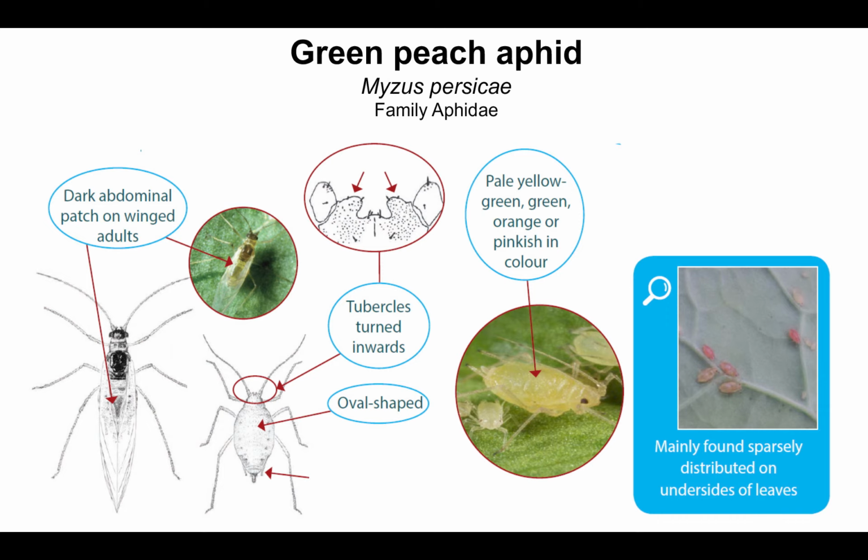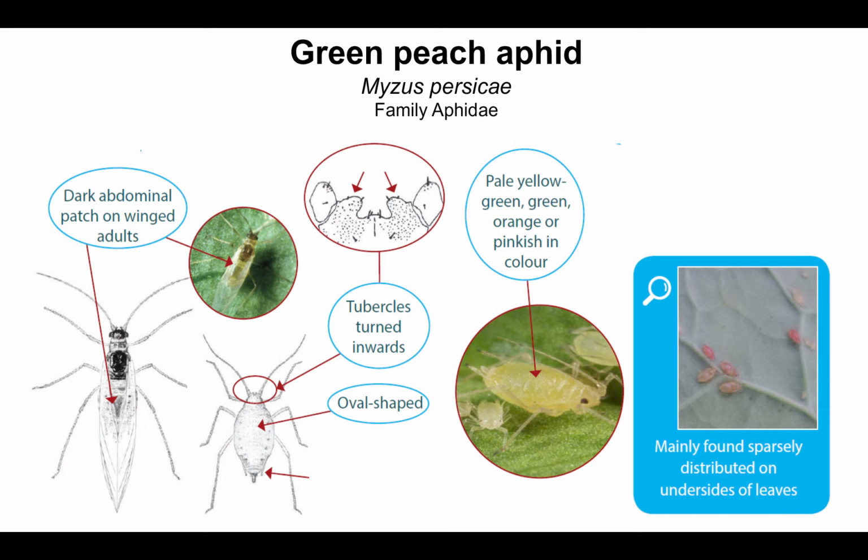The main way to distinguish the green peach aphid, apart from its oval shape, is if you look at the head region right here, you can see that it's got these tubercles that basically lean in. You need a hand lens to be able to see this.